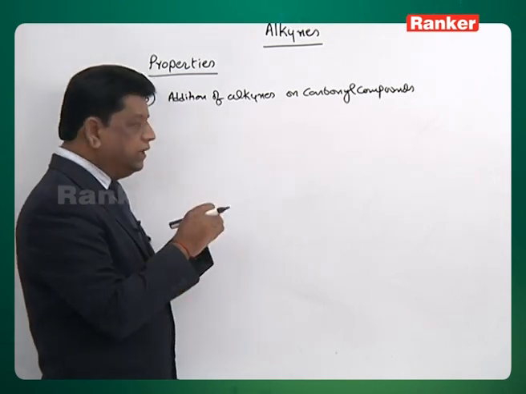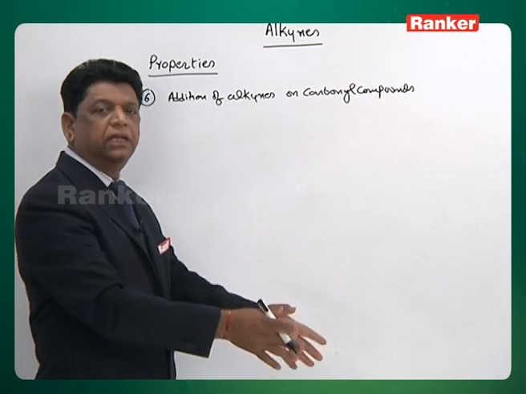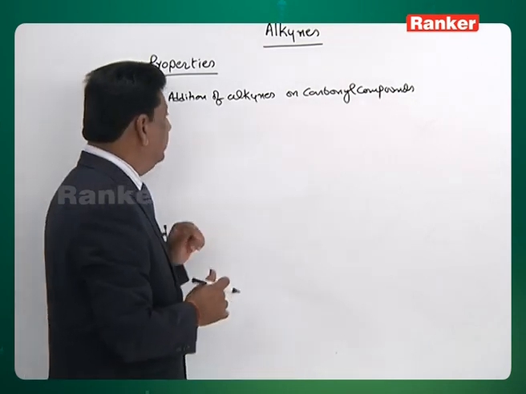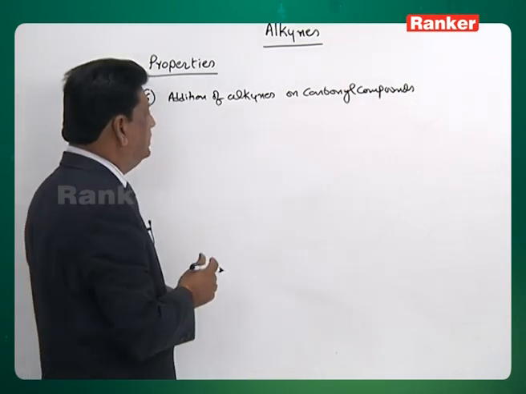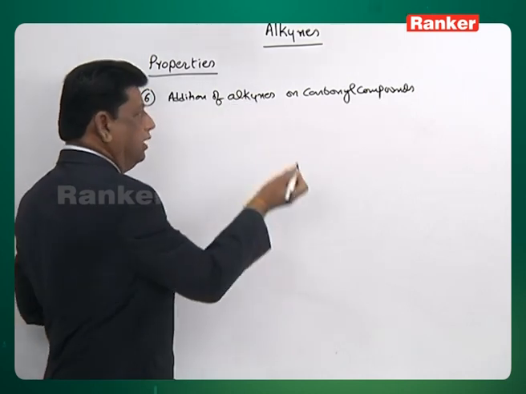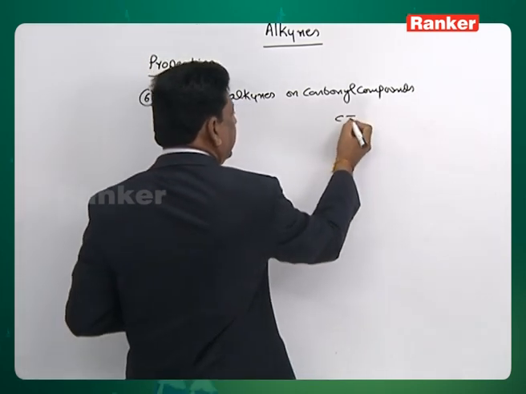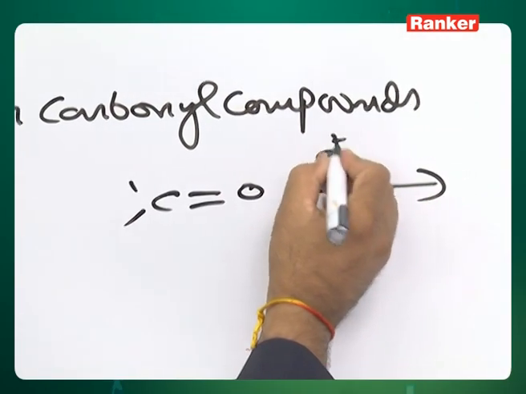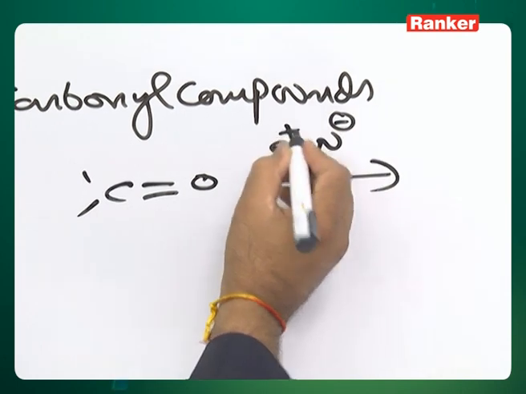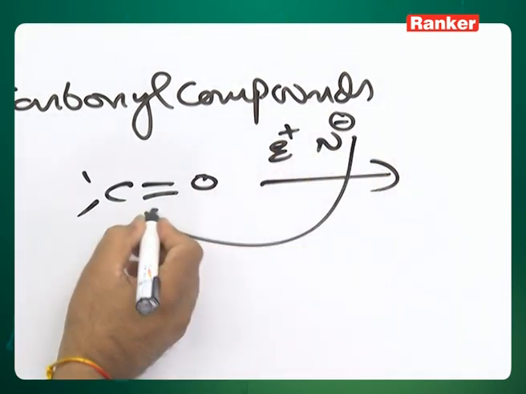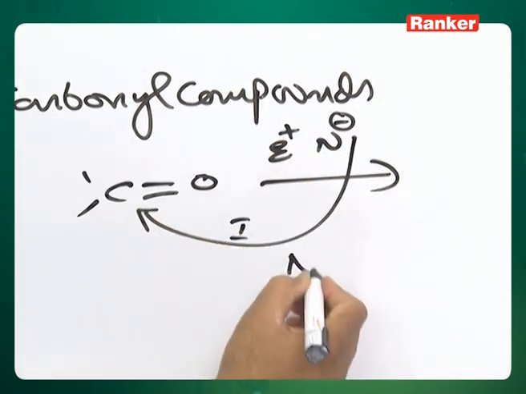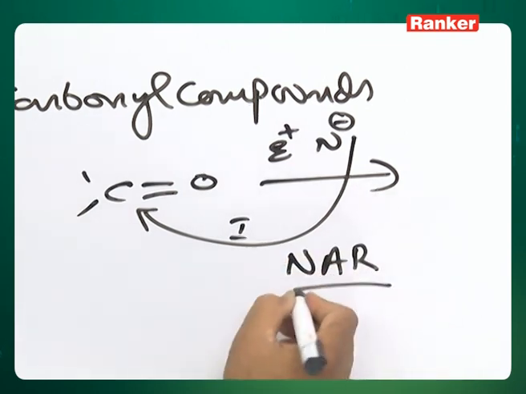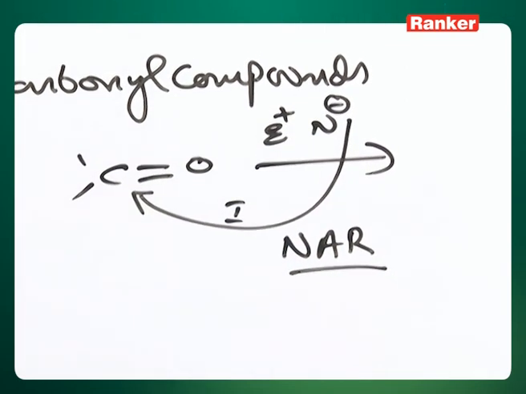The alkynes we cut into A and B and then add on the carbonyl compounds, this type, that is, addition of alkynes on the carbonyl compounds. Carbonyl compounds have a C double bond O. When I add an E plus and Nu minus, their characteristic reaction is that first Nu minus is added, that is called nucleophilic addition reaction, because this opens into plus and minus where the plus is very reactive or less stable.